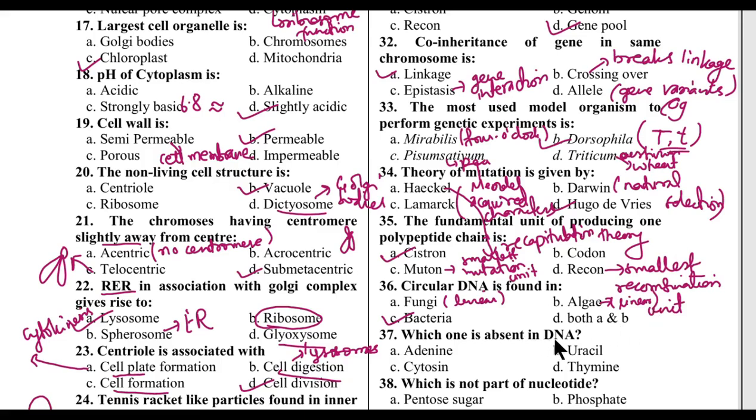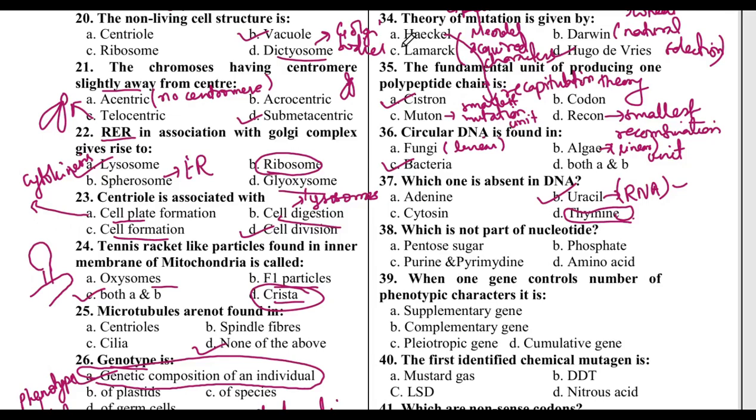And which one is absent in DNA? Our answer is obviously uracil, as it is present in RNA in replacement of thymine. And which is not a part of a nucleotide? Then our answer is obviously amino acid, as pentose sugar, phosphate, and the nitrogen bases, that is purine and pyrimidine, are the parts of the nucleotide. 39.